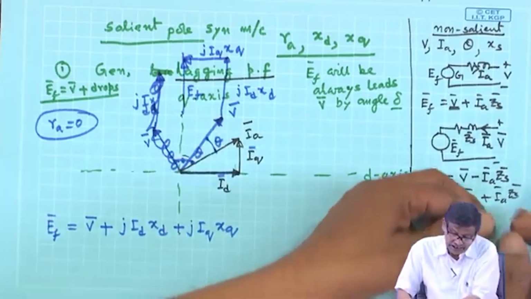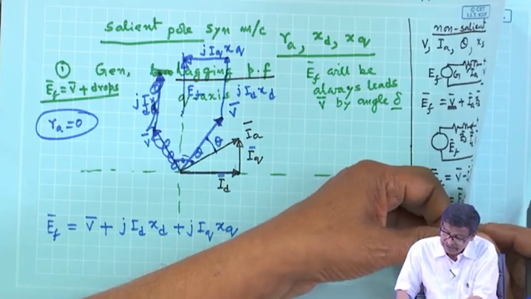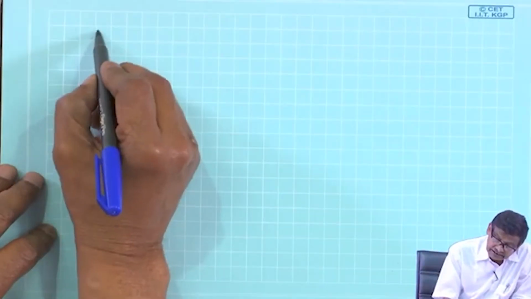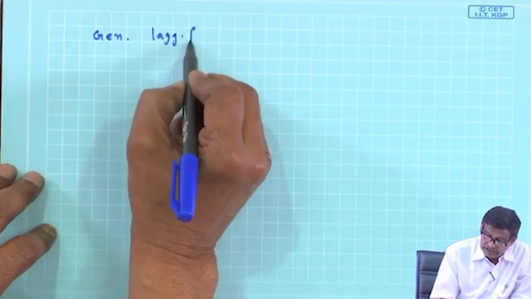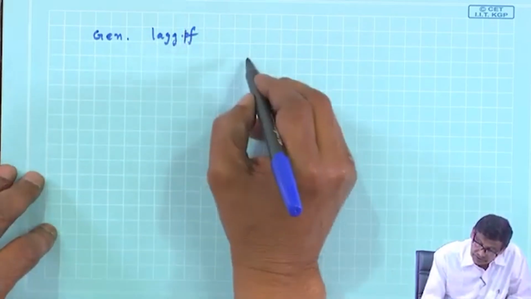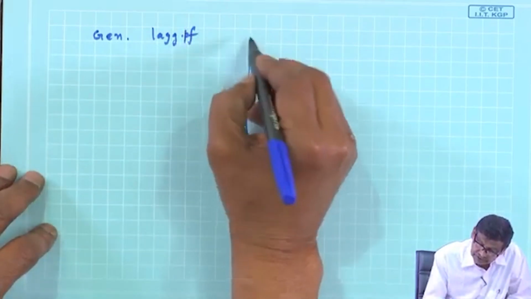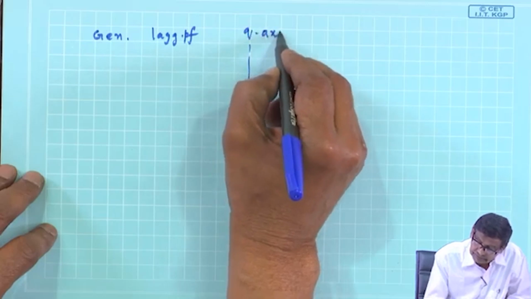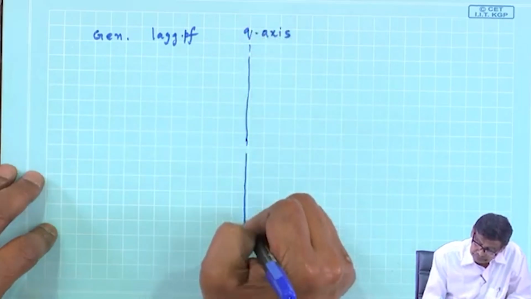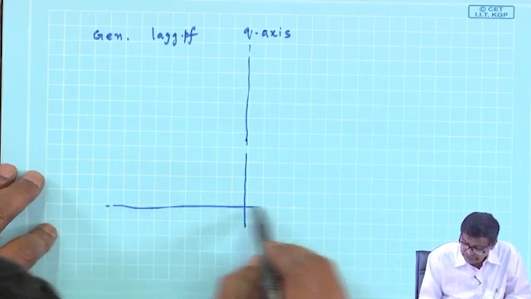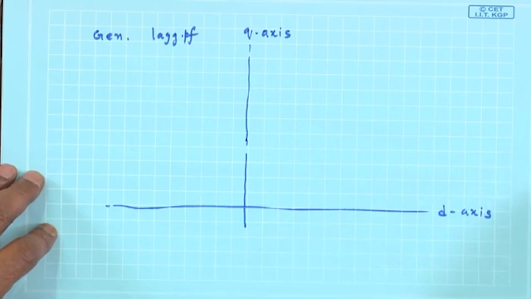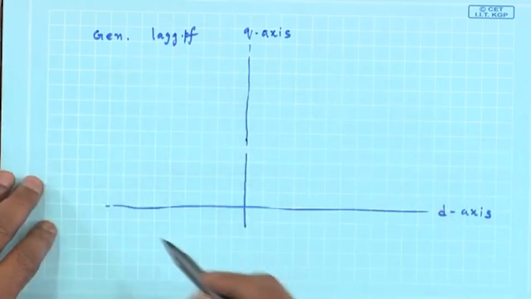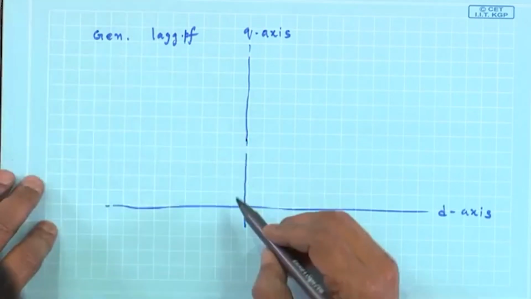So, quickly I will once again redraw it, because it has become slightly clumsy. So, the argument is the generator is operating at lagging power factor. What you do, first draw the q axis. Once the q axis is drawn, the d axis gets fixed at 90 degree, draw that. Then I am saying it is lagging power factor, so IA will be here.